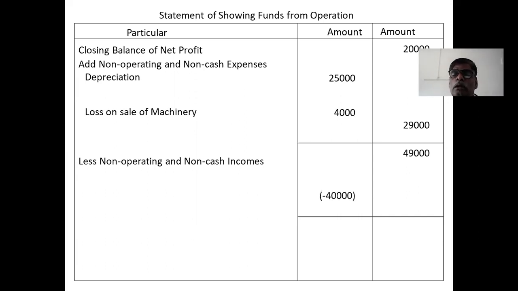Next, no other incomes. You deduct the opening balance of net loss, minus 40,000. If you deduct minus 40,000, but you see this.